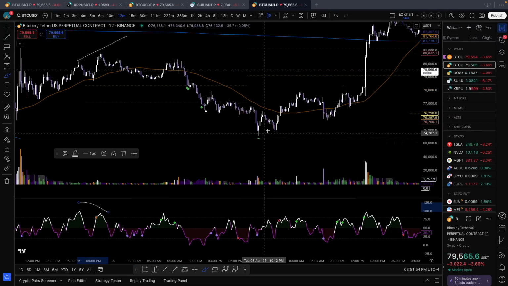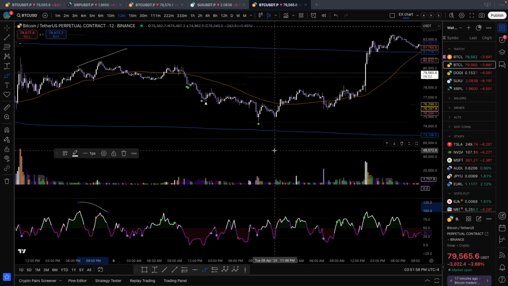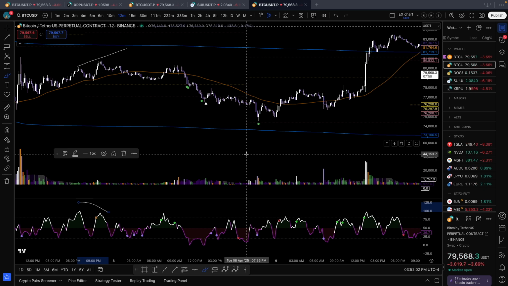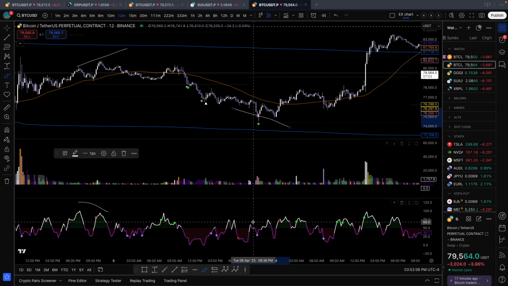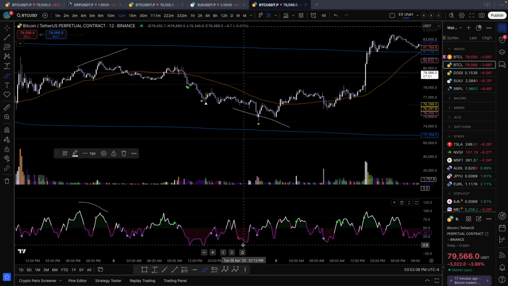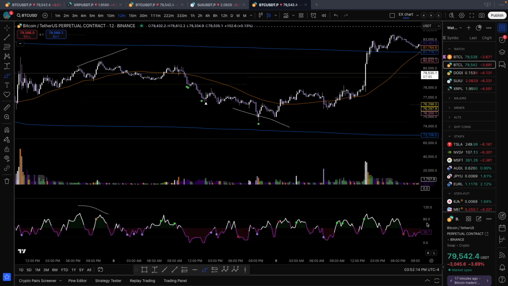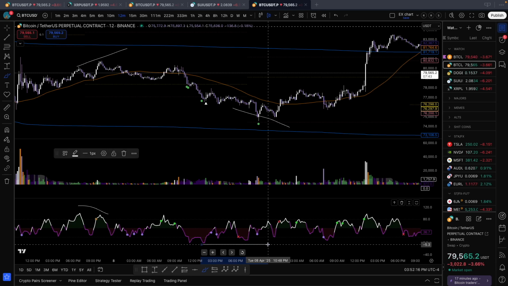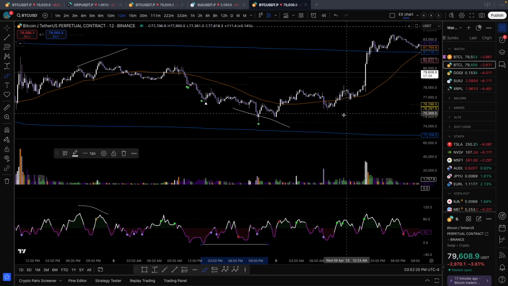All the way back down, which would have ran you into another long with divergence again. And long.